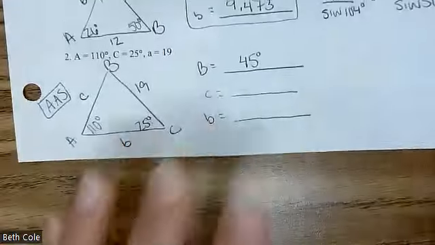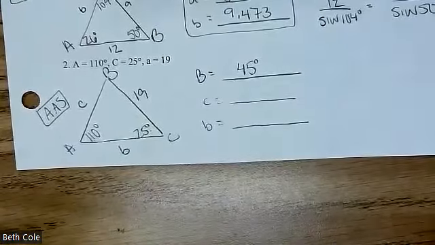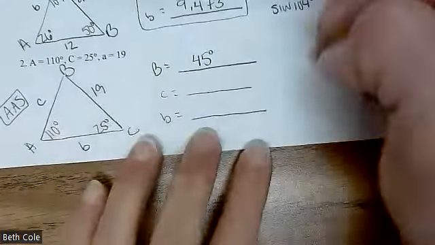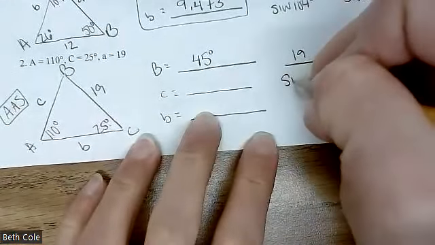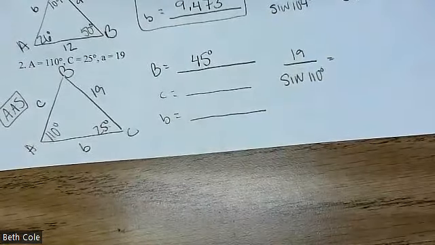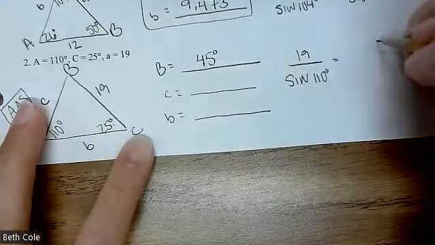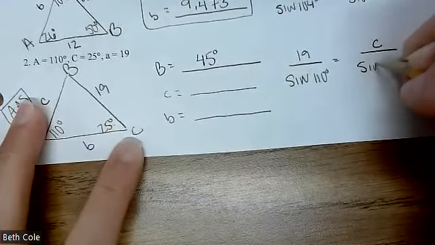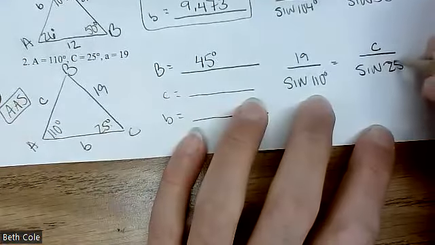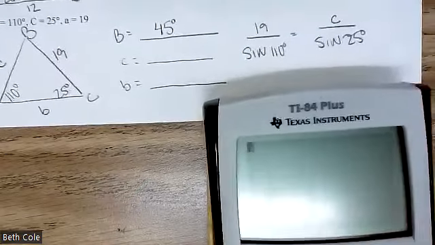Okay, you need a side across from an angle. Do we have a side across from an angle? Yes, it would be 19 over sine of 110. What goes on the other side? C over sine 25. Go ahead and type it in. Cross multiply and divide.